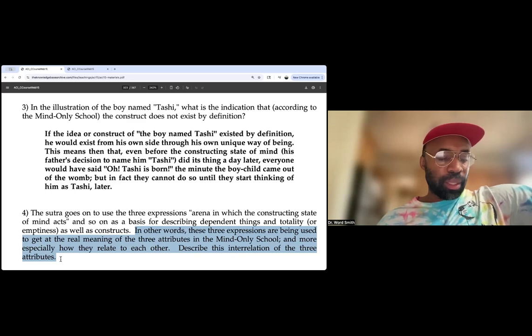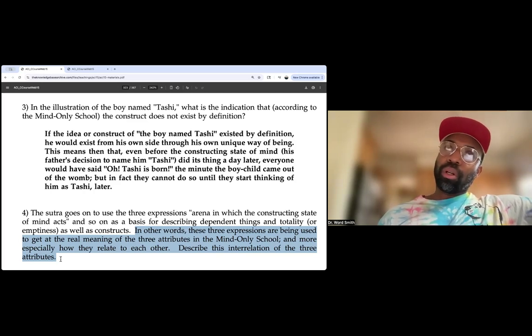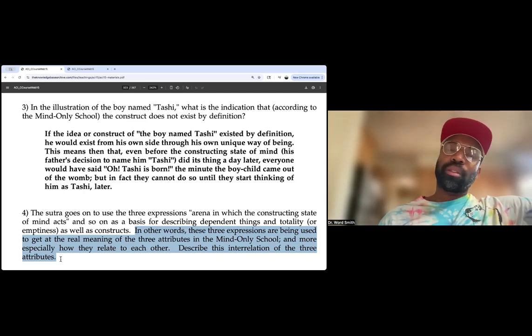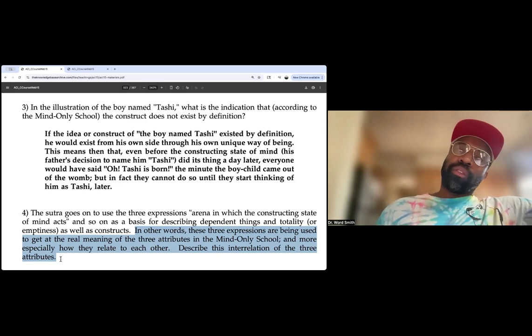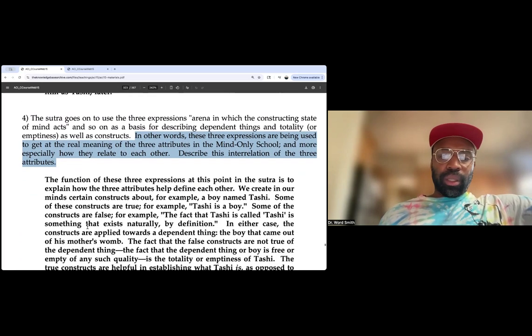And totality is if you took all the constructs away from all the dependent things, you would end up with the fact that everything lacks a nature of being ultimate. That's basically it.